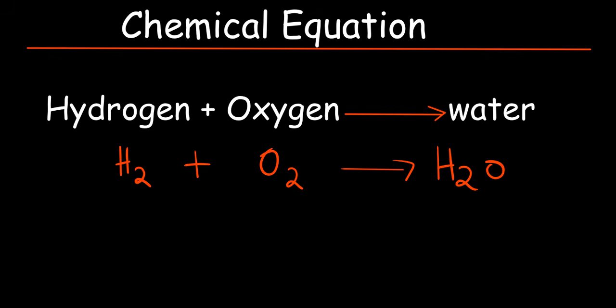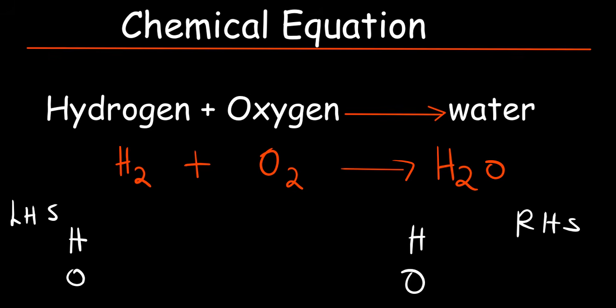Now we have to balance this equation. The way we balance equations is that you just have to count atoms on both sides. Let's say this is our left hand side and this is our right hand side. The question is, how many hydrogens and how many oxygens are there on each side?